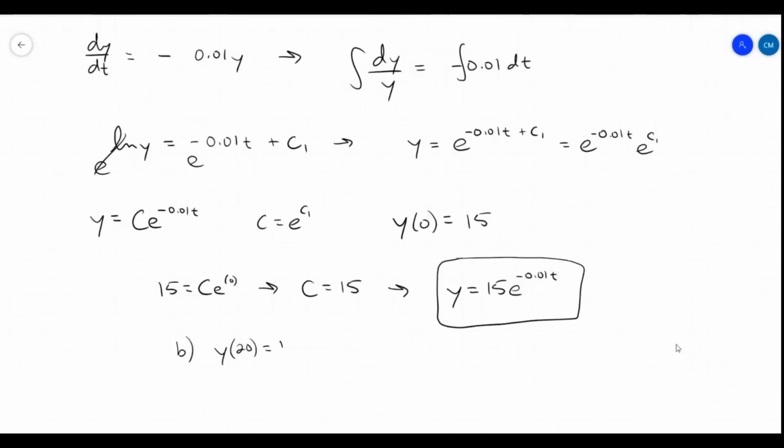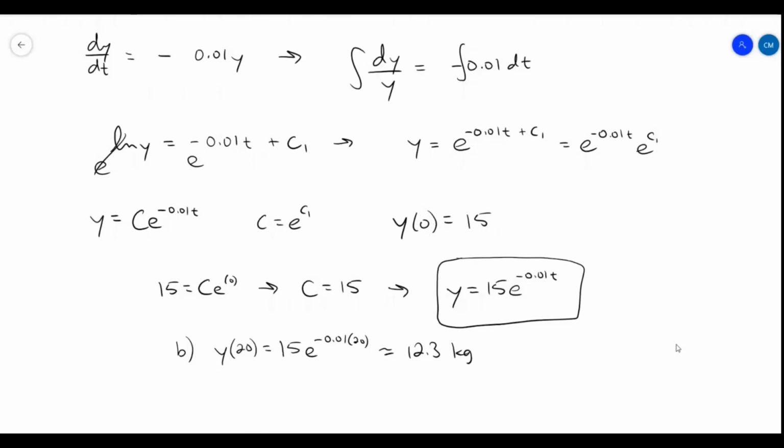So 15 e to the negative 0.1 times 20, and what is that? 12.3 roughly. So after 20 minutes, the concentration will have gone down. There were 15 kilograms dissolved in there at the beginning. 20 minutes goes by, and now there's only 12.3 kilograms of salt left dissolved in the water.